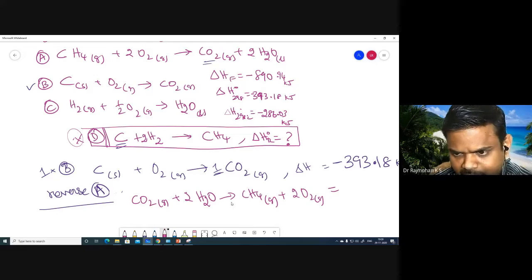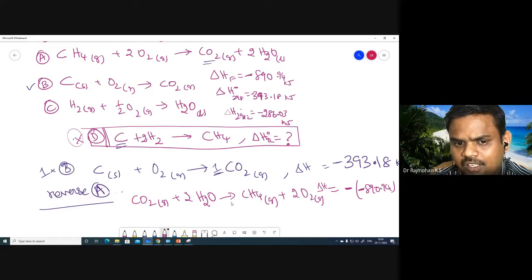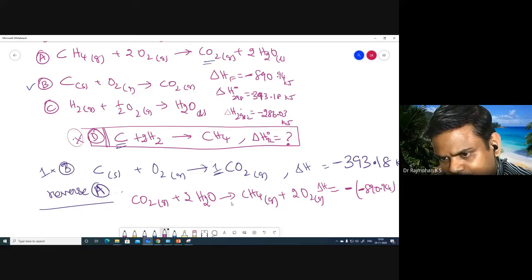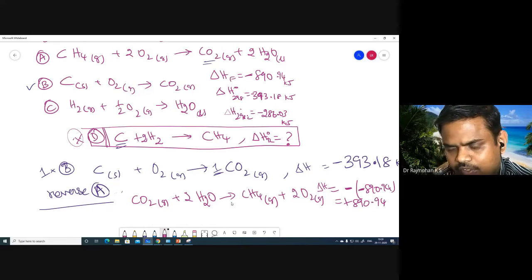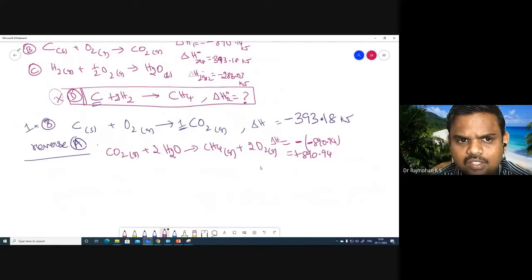We are reversing, so delta HR will become minus of minus 890.94. This is important. Here it is minus, and since we are reversing the reaction, minus into minus becomes plus. So it is going to be plus 890.94.